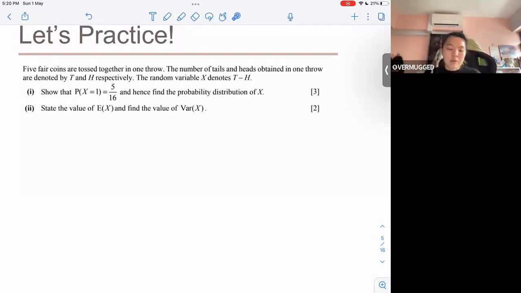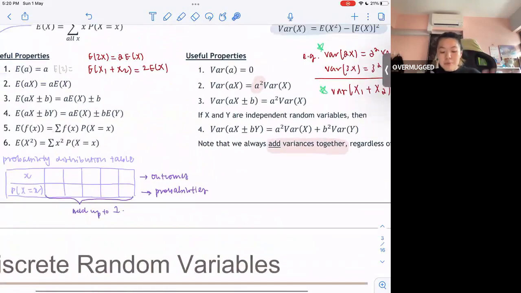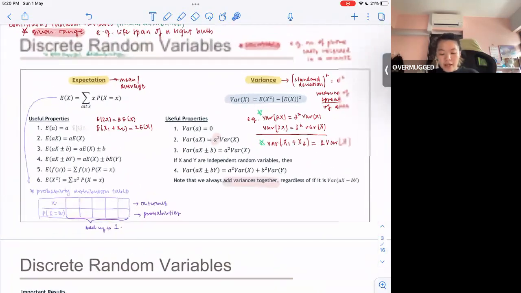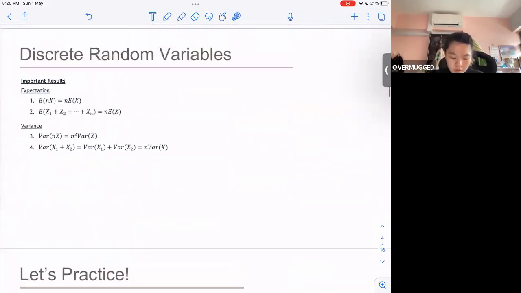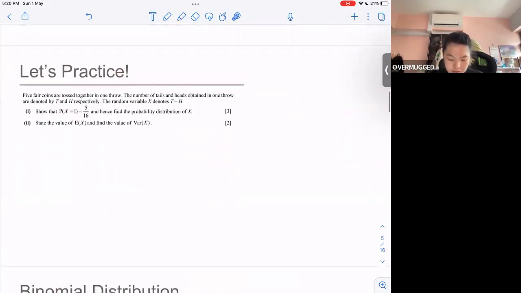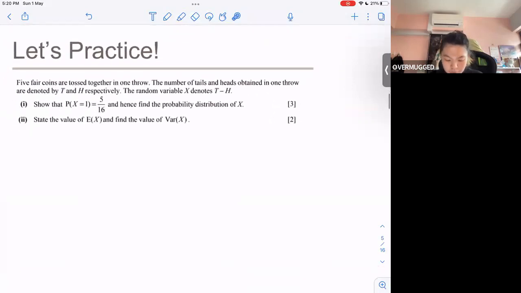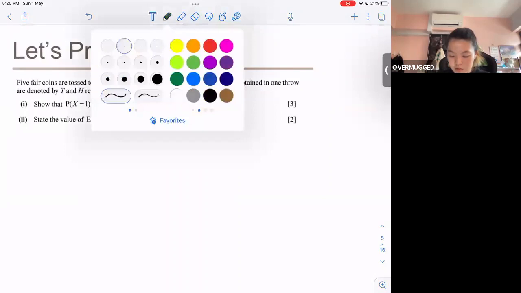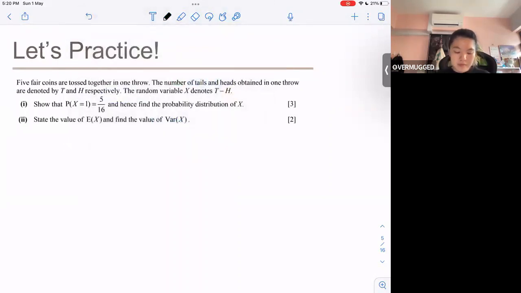Later on, we'll see what we mean by manipulating the expectation and variance to be like x1 plus x2 versus 2x. What's the difference? Okay, have a read of this question and then we'll go through it together. I'm going to give you a few seconds to read through the question, and if you want, you can start attempting it.